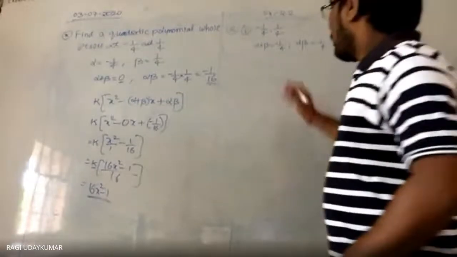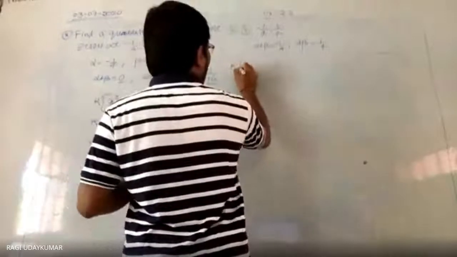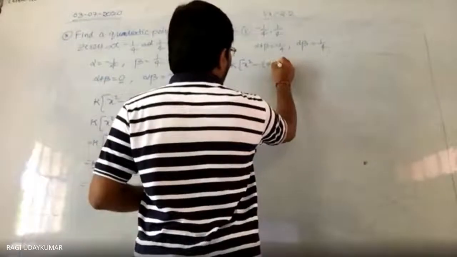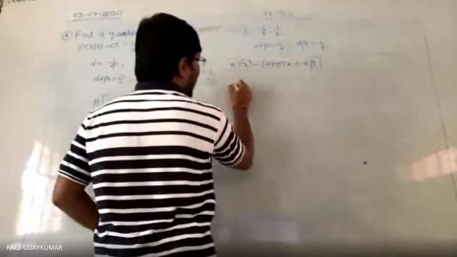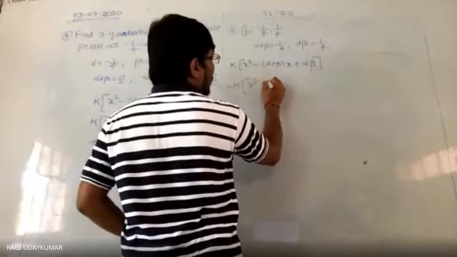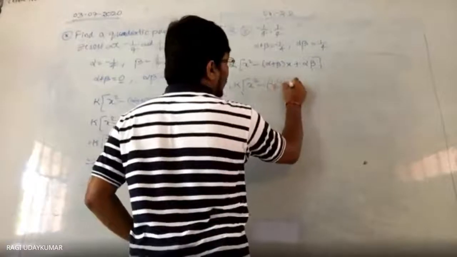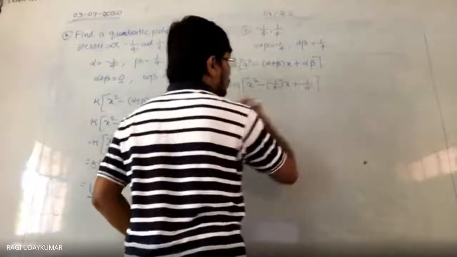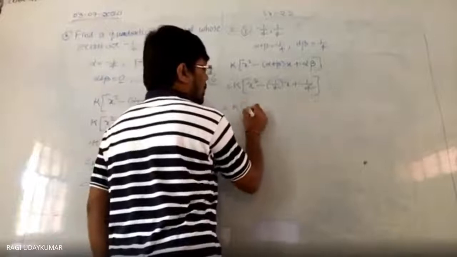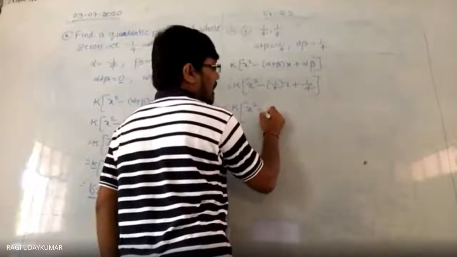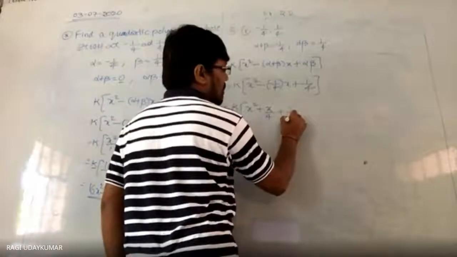Then the polynomial is k into x² minus (alpha plus beta) into x plus alpha beta. So k into x² minus (-1/4) into x plus 1/4. So what do you get here? K into x² plus x/4 plus 1/4.